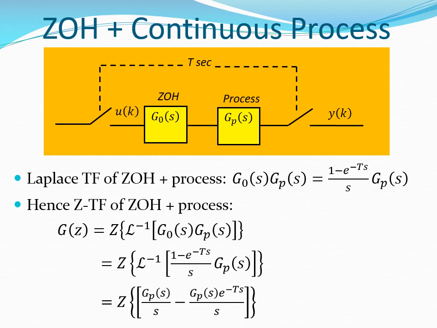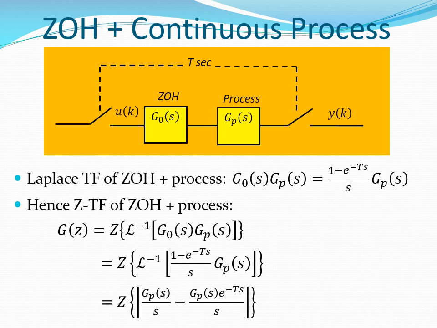We notice that the ZOH and the process are in cascade. Therefore, their overall TF is G0(s)Gp(s). Let's replace G0(s) with the actual TF value.